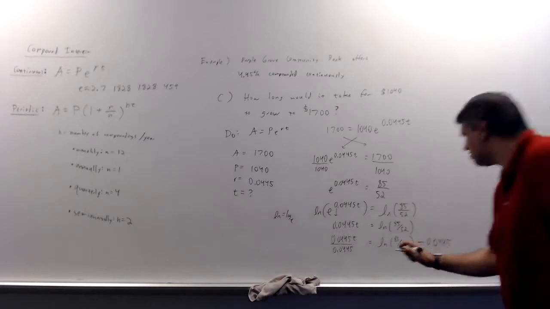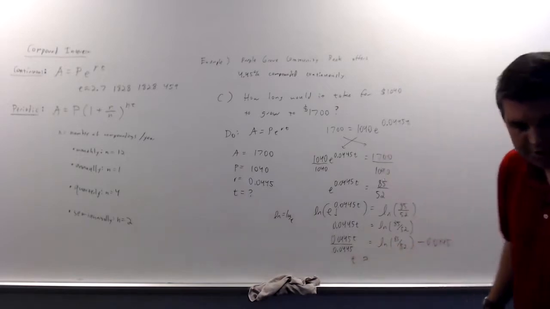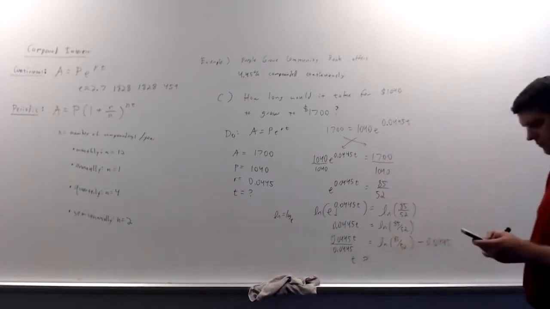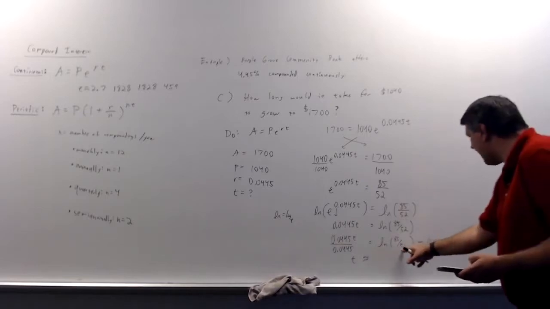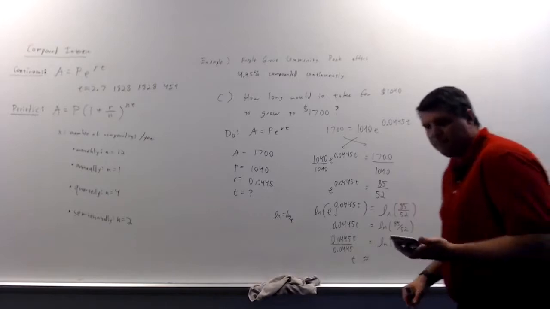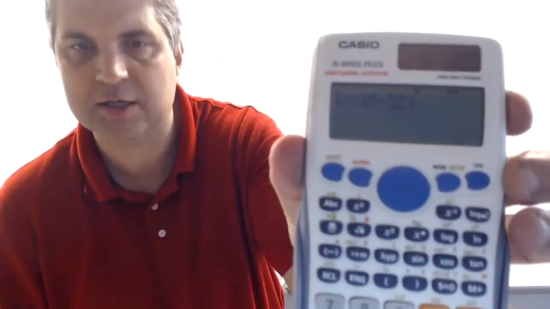So t is approximately, on my calculator, I'm going to type in the ln of 85, division or fraction bar, 52, balance the parentheses. Make sure that the parentheses are balanced.